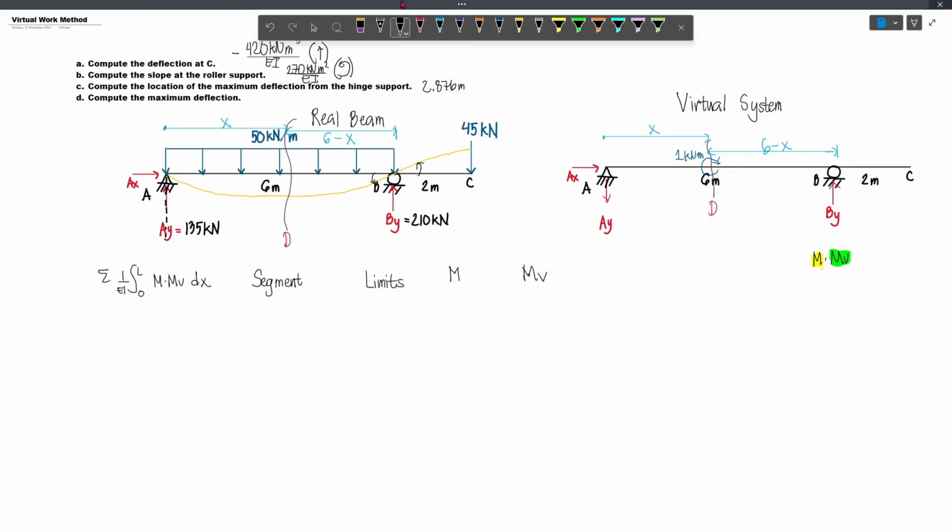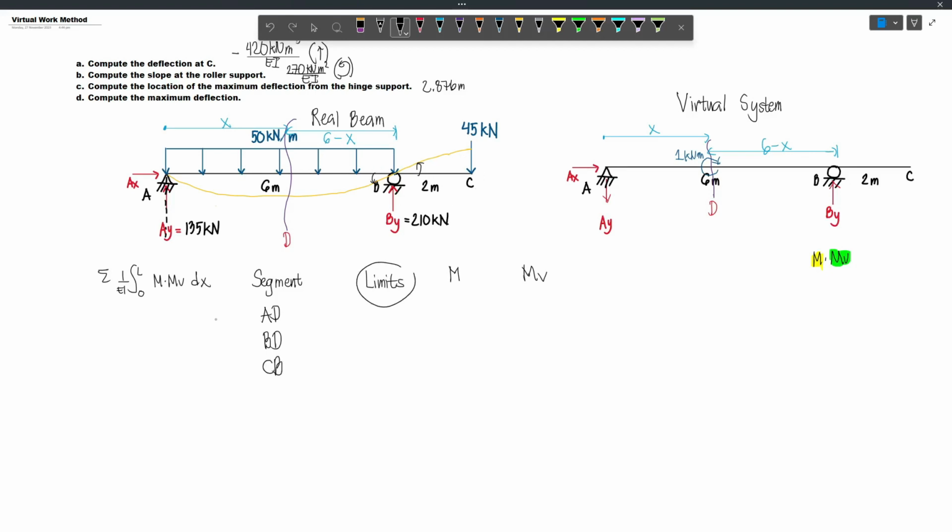Now, kayo na yung bahala kung ano yung origins na gagamitin nyo, as long as you will arrive with the correct answer. So, for segment AD, I will just consider from the left na origin, and so I will write here AD. And then for segment BD, I will just consider from the right, so I will write it as BD. And then for segment BC, I will also consider from the right, so this will be CB.